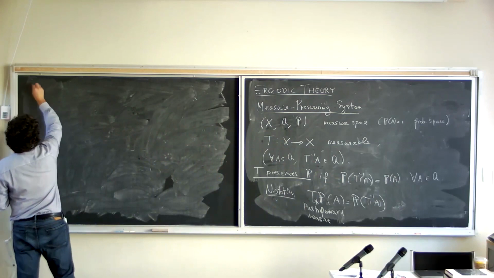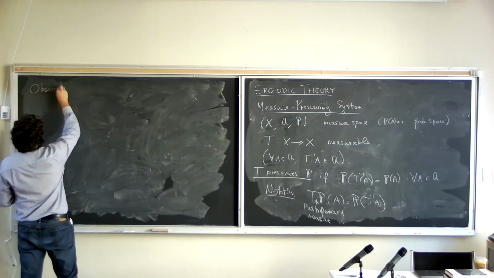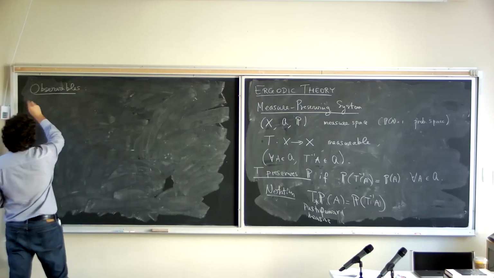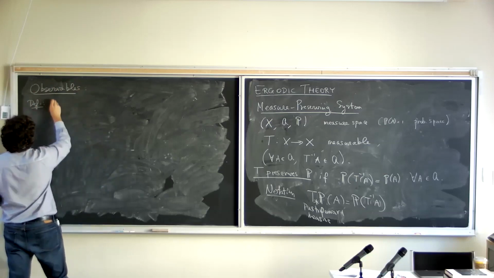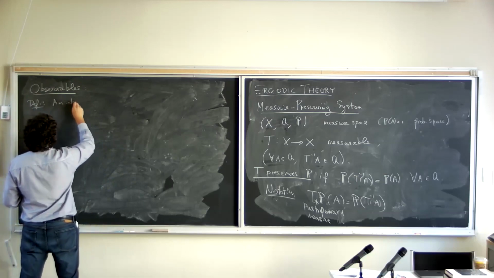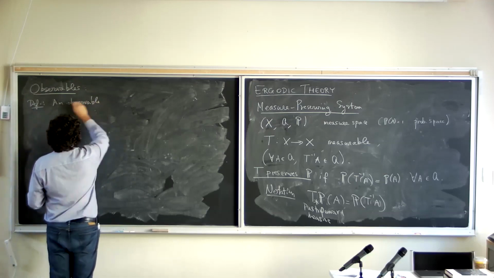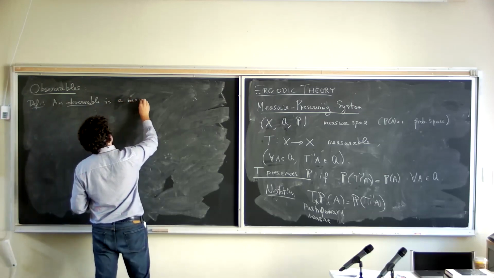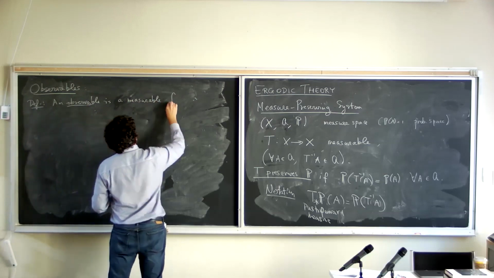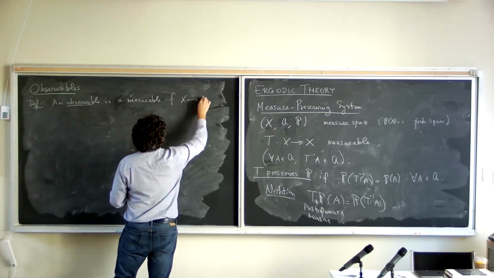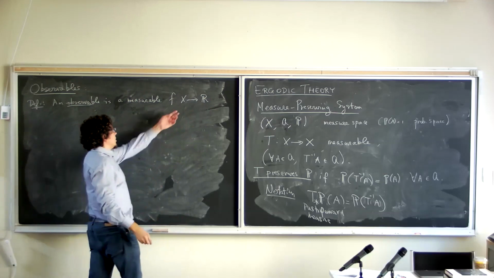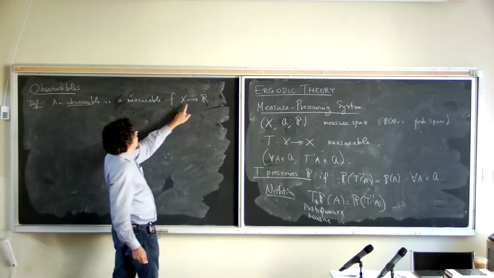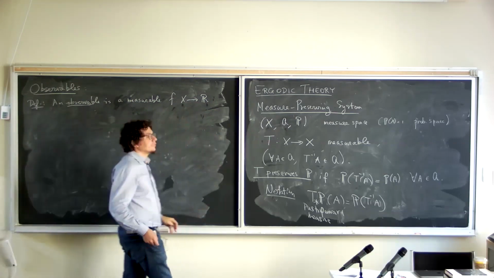And then the last thing is observables. So how do we probe our system? Well, an observable is just a measurable function f from X to R. Again, measurable means that the preimage of every Borel set in R is in the sigma algebra.